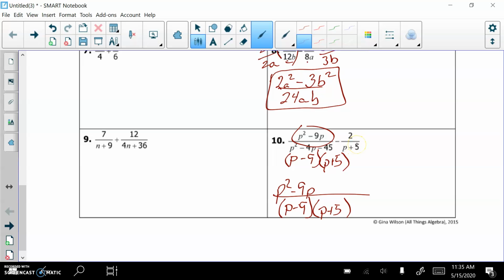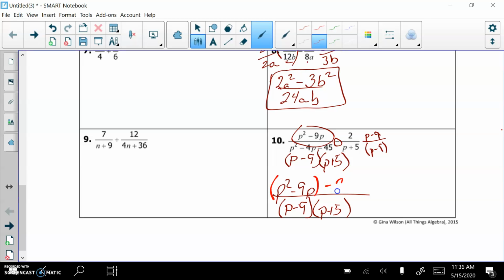P plus 5, the second fraction needs a p minus 9. So p minus 9, p minus 9. So that's minus 2p minus 18. Let's change colors.